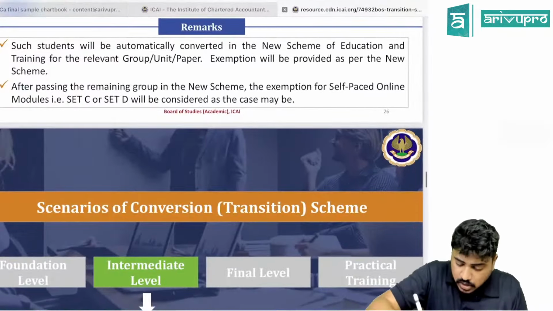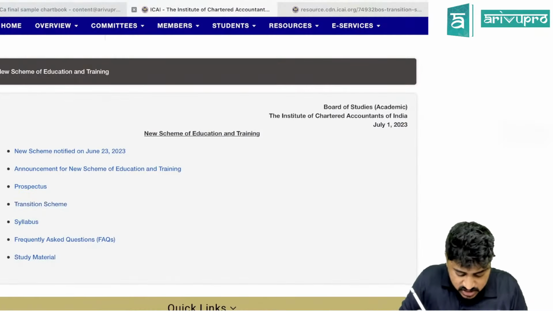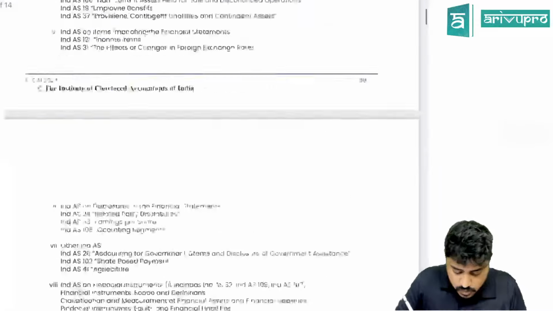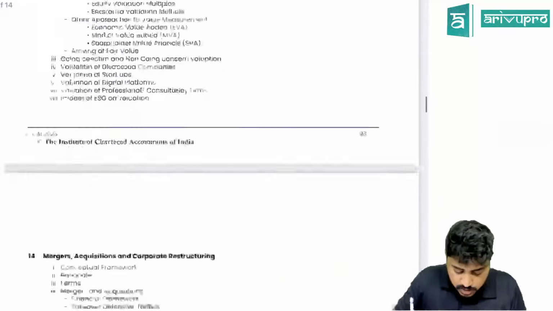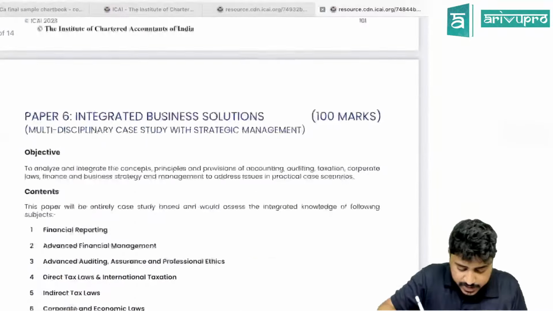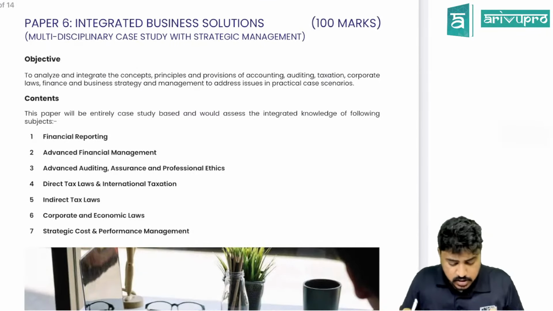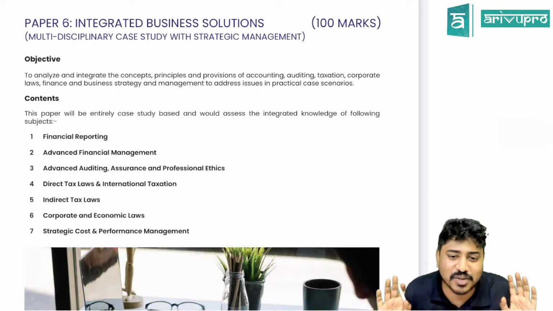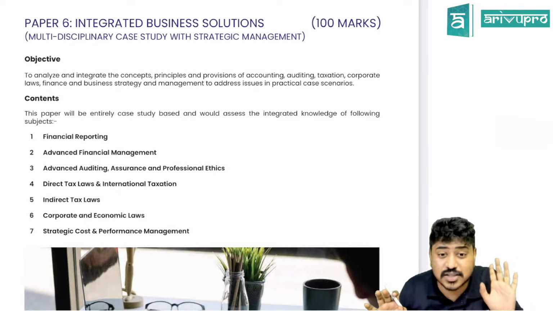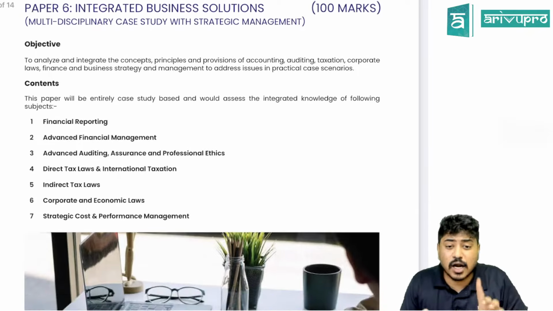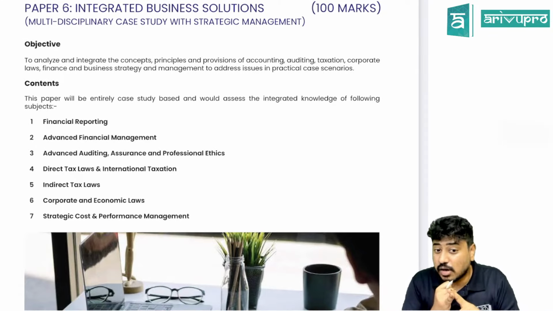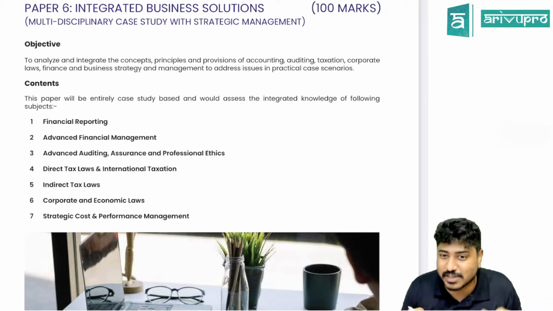Okay. Now, syllabus wise, CA final. Let me go to the integrated case study. They can ask any question from these papers. You know there was corporate and economic laws and strategic cost and performance management in the CA final old syllabus.